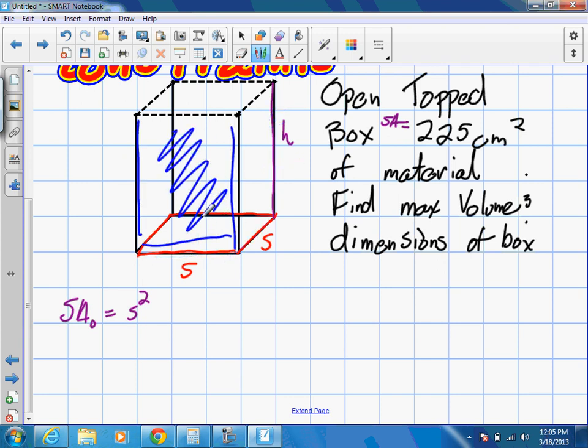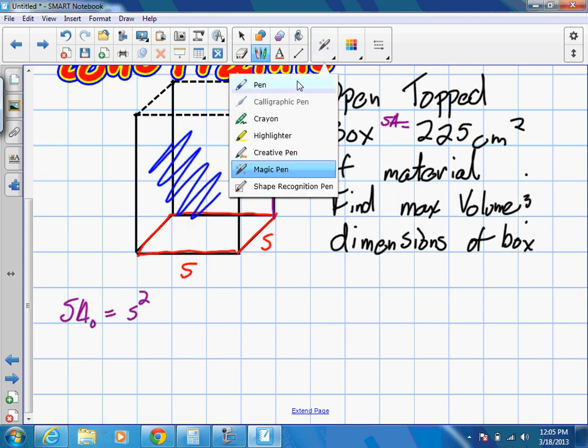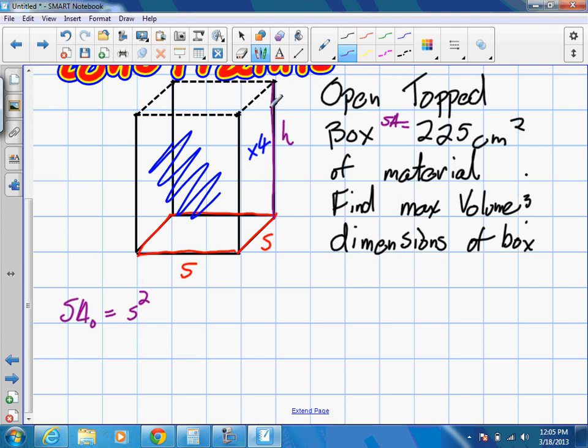S times H, right? And since there are 4 of them, I can just find one of the areas for S times H and multiply it by 4. So what we'll be doing in this formula is adding 4 times S times H. Okay, we had to develop our own surface area formula for this object.